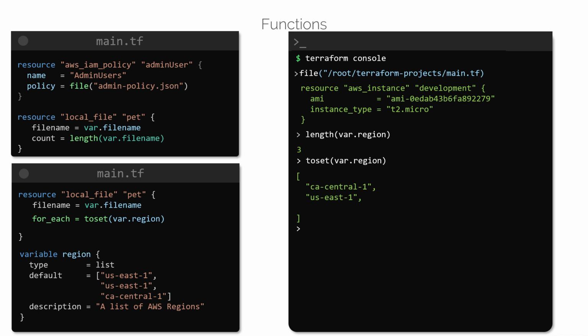Remember that a set cannot have duplicate values, so during this transformation, the toSet function removes the duplicate value of us-east-1, which is present in the list variable twice. Besides these three functions, there are dozens of other useful built-in functions available in Terraform. We will take a look at some of the commonly used ones next.